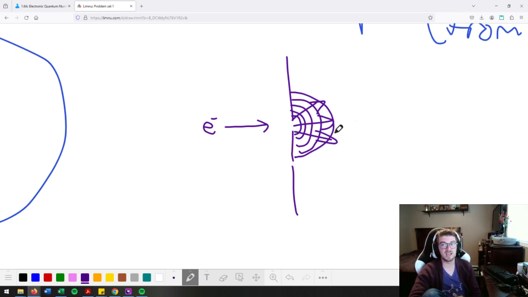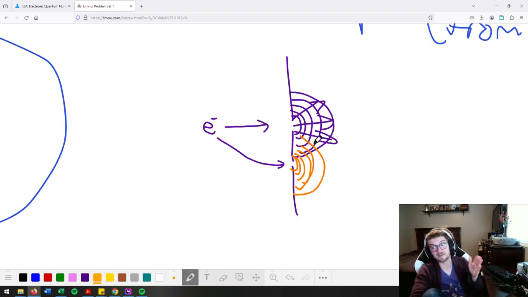And when you have multiple slits, when it gets to either slit, its position gets confined, but its momentum gets less defined, and so it can go in all of these directions.